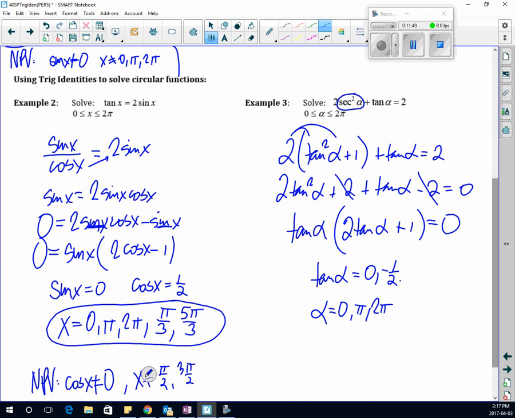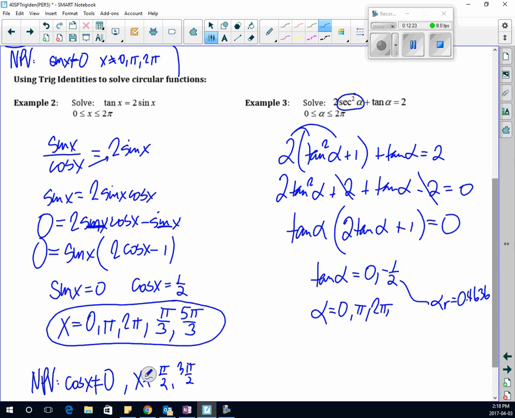Okay, so from this one, we're going to get the reference angle alpha to be 0.4636. So you can store that into your alpha A, whatever you want. But that's not our answer, though, right? Because tan isn't negative in the first quadrant. So how do I find where tan is negative? It's negative in the second and the fourth. So how do I find the second quadrant answer? Subtract that from pi.